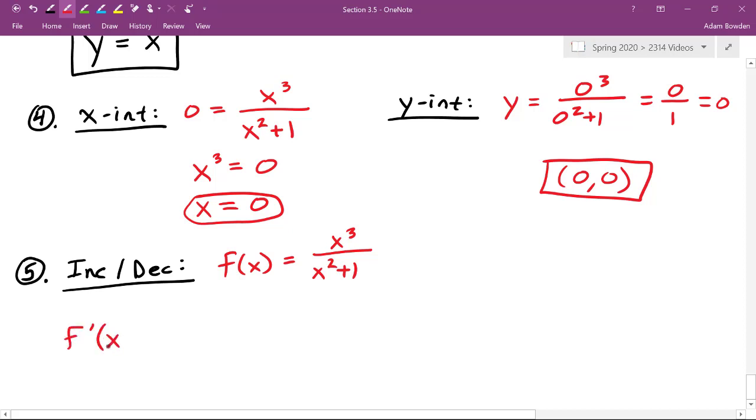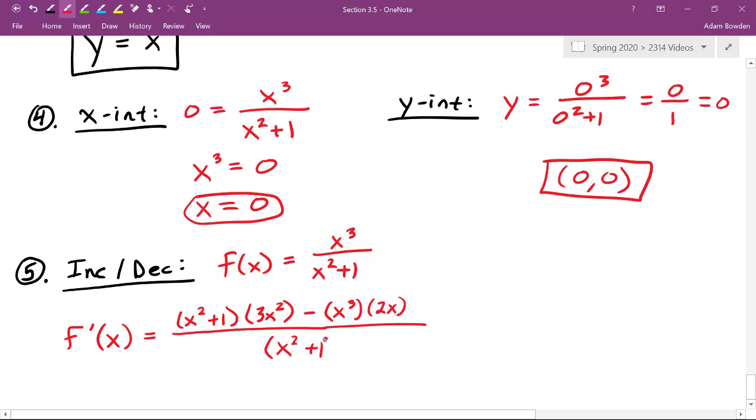Again, another case where we have to use the quotient rule. So here we go. Low d high minus high d low, all over the square of what's below.